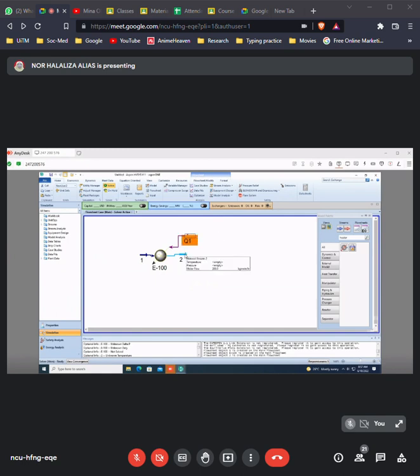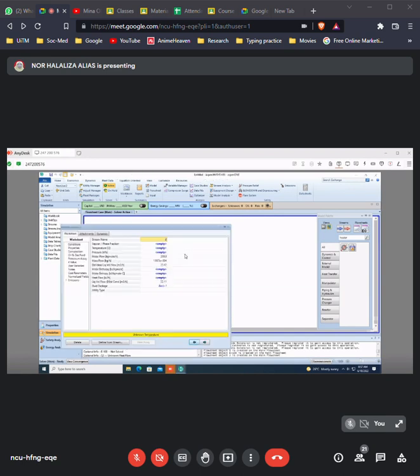Okay, so kita ada output stream. Output stream, what is given in the question, kita cuma ada V over F value and also pressure. Okay, so kita ada V over F value is 1. Okay, do we know the temperature?